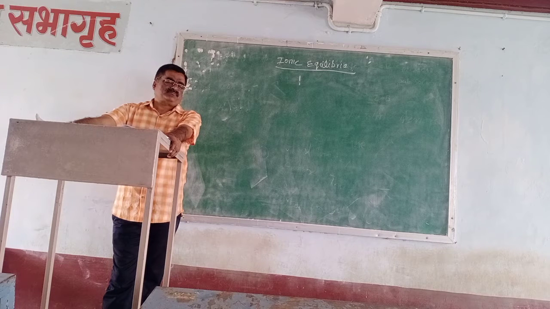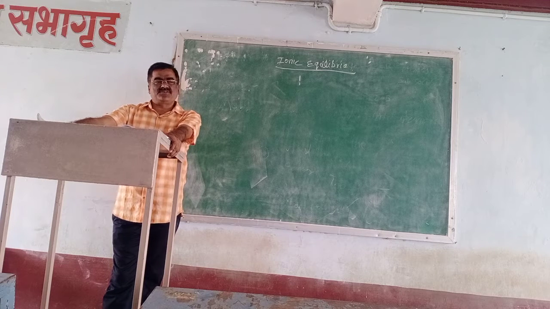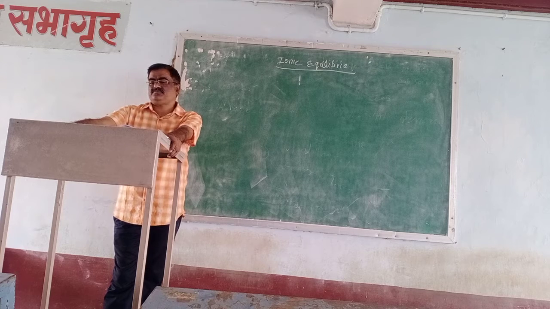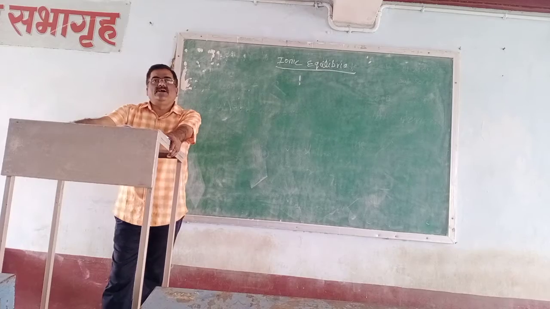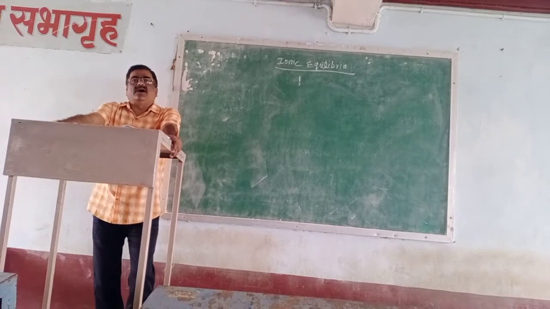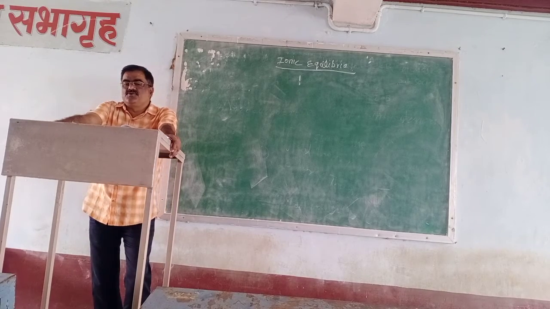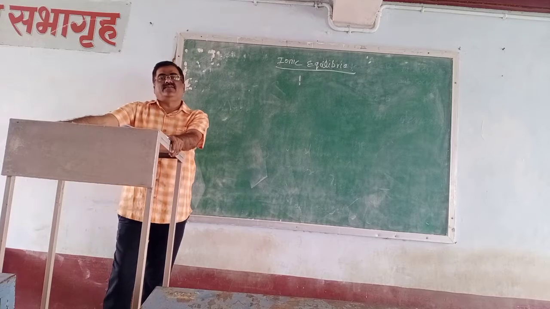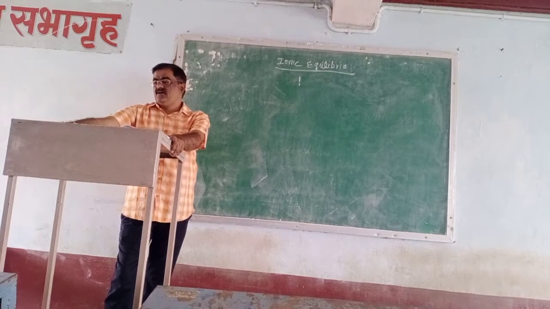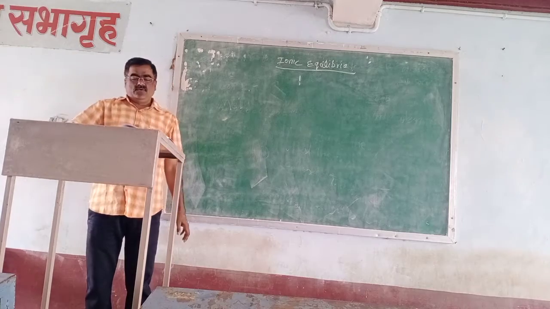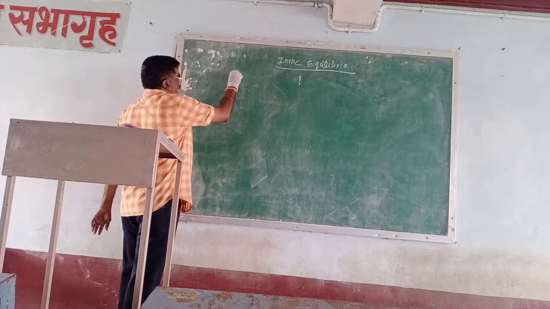These are the various points we have to discuss in this Ionic equilibria. The equilibrium between the ions and unionized molecules in the solution is called as the Ionic equilibrium. First of all, we have to see the types of the electrolytes.